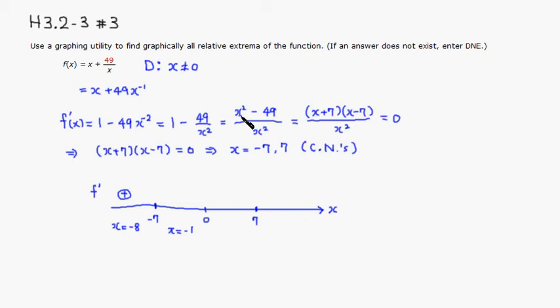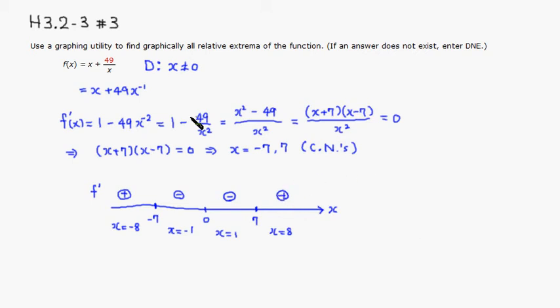Plug it in: 1 minus 49 is negative, over positive, so it's negative here. Between 0 and 7, I'll try x equals 1: 1 squared minus 49 is negative, over positive is still negative. After that, we can try x equals 8: 8 squared is 64 minus 49, definitely positive, over positive is positive.